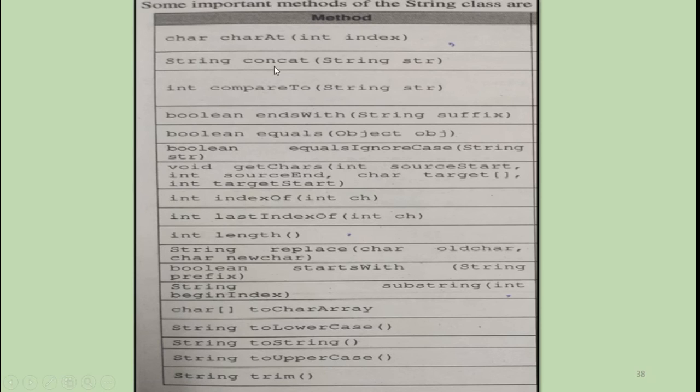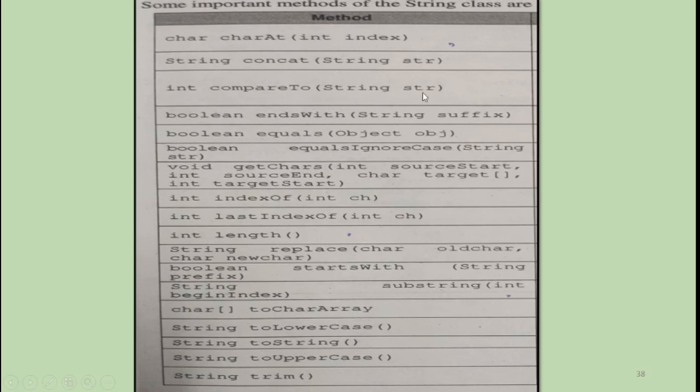Then concat function, it returns the new string which is the old string followed by the str value which is passed into this concat function. Then compareTo, it does the comparison and it returns a negative integer if the current string is less than str.